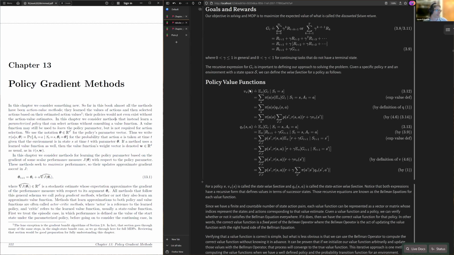And then we defined two different types of value functions based on the policy. The simple definition is that the state value function is just the expected value of this discounted return from a particular starting state. And the state action value function is exactly the same, except that we also take a particular action initially, whether or not it's the action that the policy would take. That's the only difference between the two types of value functions.